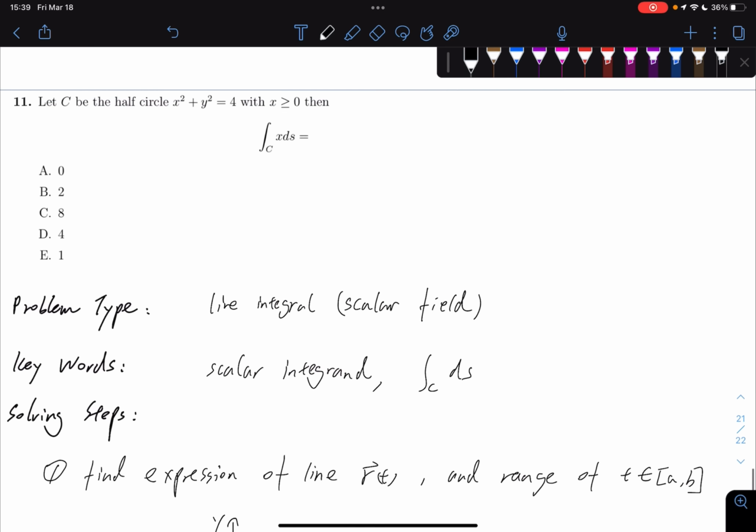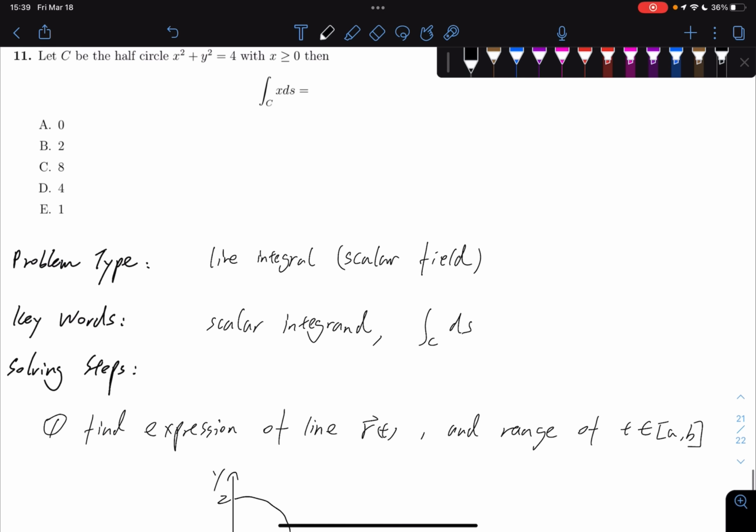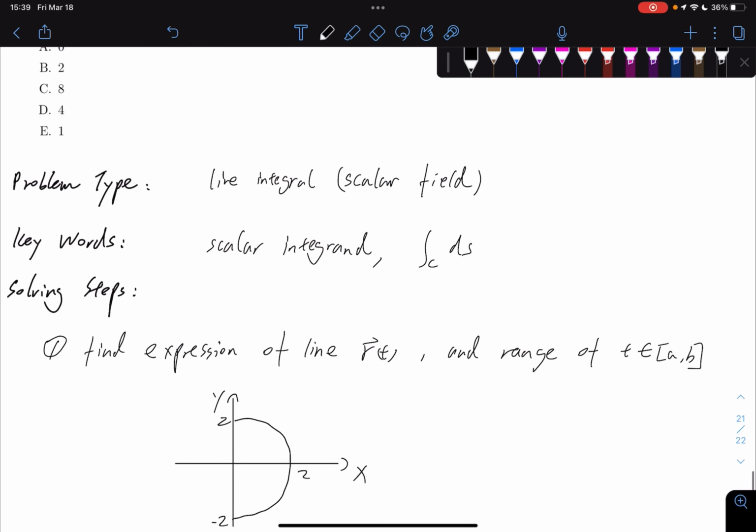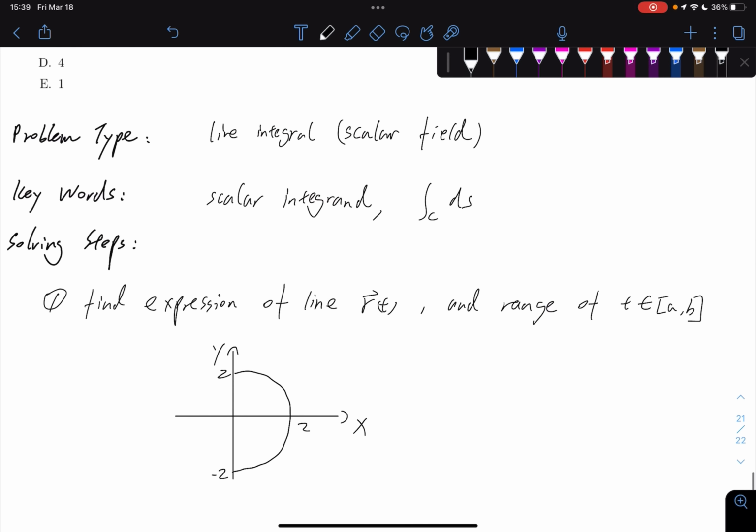A standard parameterization technique for the unit circle is r of t equals cosine t, sine t. But our circle has radius 2, so it's twice as large, and our vector needs to be twice as large as well.